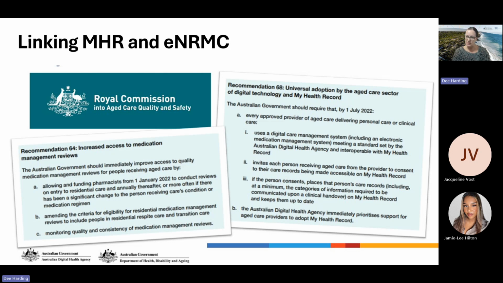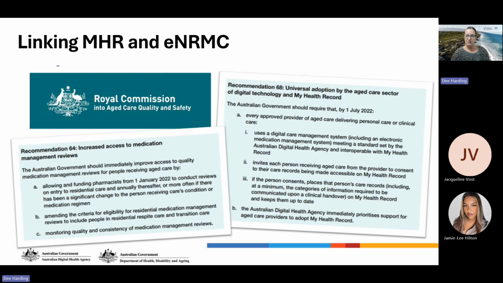Out of this came two recommendations in particular that I want to talk to you about today, which apply here. These are recommendations number 64 and number 68. Recommendation 64 indicates that increased access to medication management reviews is required. The Australian government should immediately improve access to quality medication management reviews for people receiving aged care.